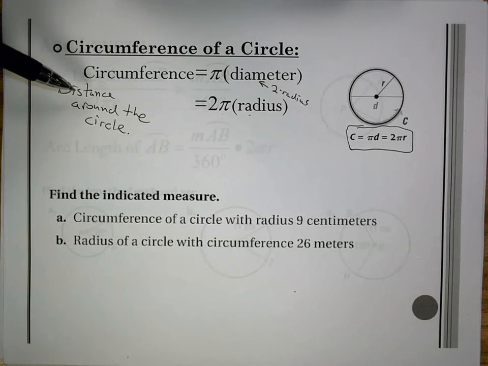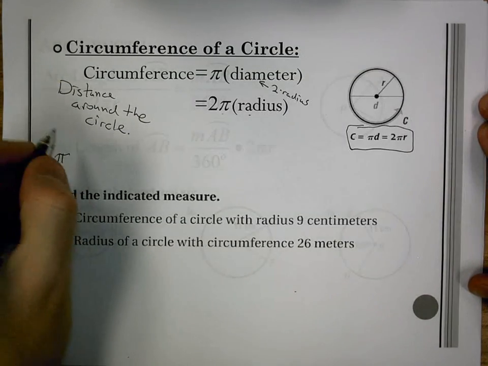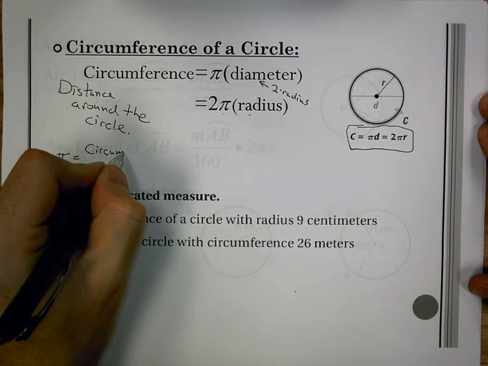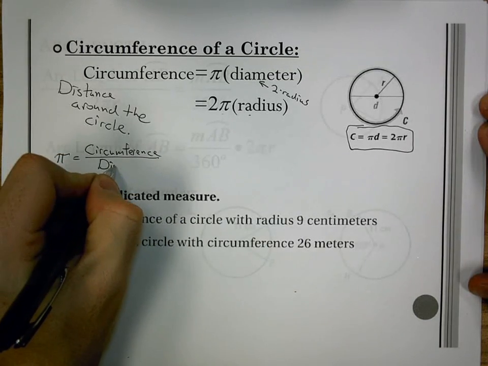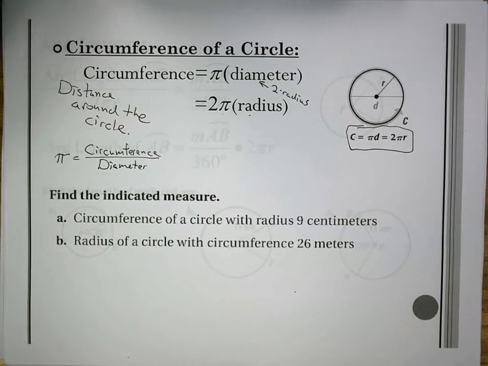Now what we also have here is the introduction with pi. Pi is not technically 3.14. That's going to be our approximation for pi. What pi actually represents is the ratio of the circumference over the diameter. And this is a relationship that exists within any circle.